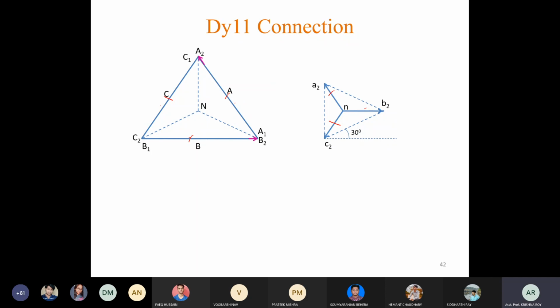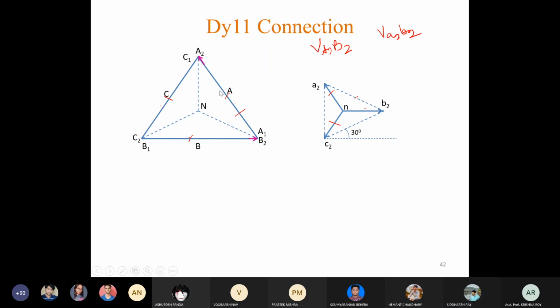So the angle between V A2 B2 and V small a2 b2, that means between this side and this side, is 30 degrees. Clear?